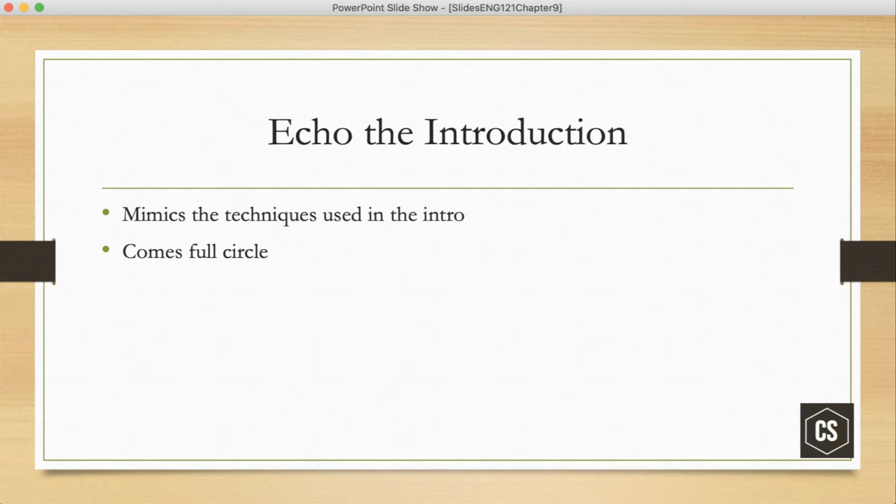One of my favorite conclusions is to echo the introduction. It mimics the technique that you used in the introduction. So if you used a funnel, the inverted triangle, then you would go back out. And so using that example I did at the very beginning where I said, you go broad and then narrow down.